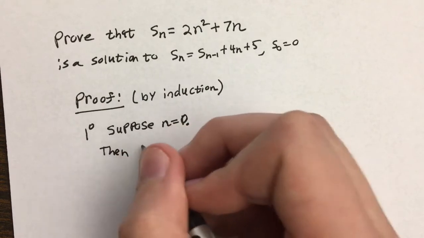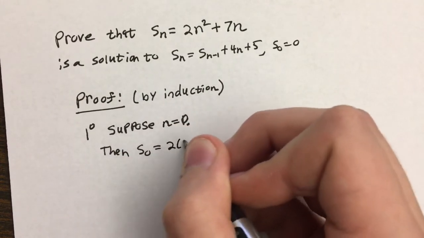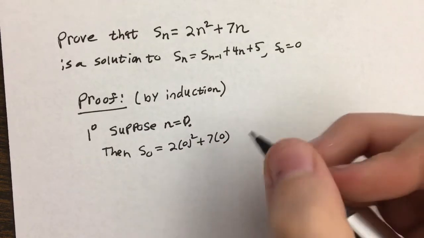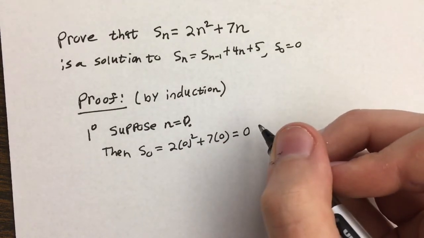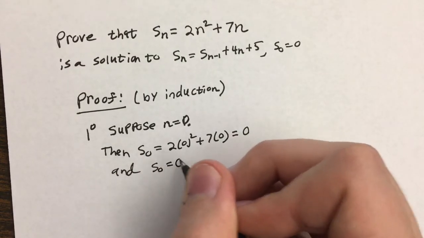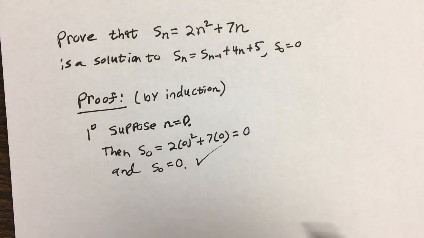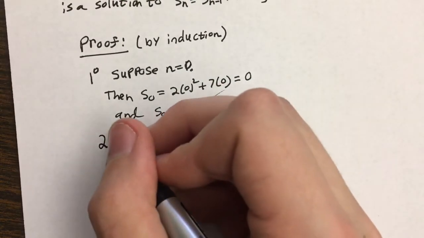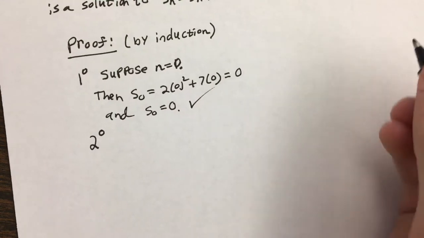Then s sub 0 equals 2 times 0 squared plus 7 times 0. This is all 0, right? So that's 0. And our initial condition is s sub 0 equals 0. So that's what we wanted. Boom, we're good.